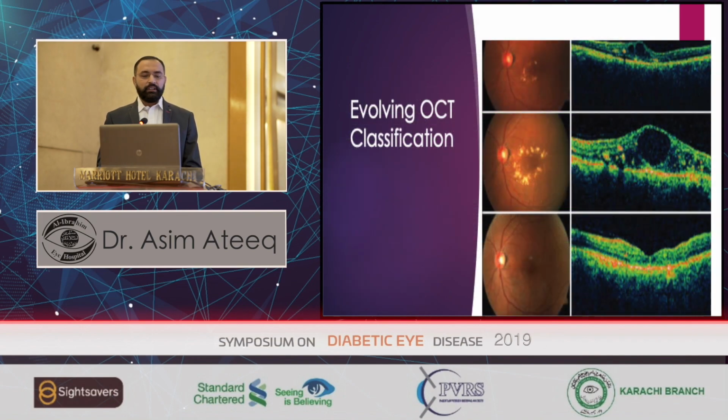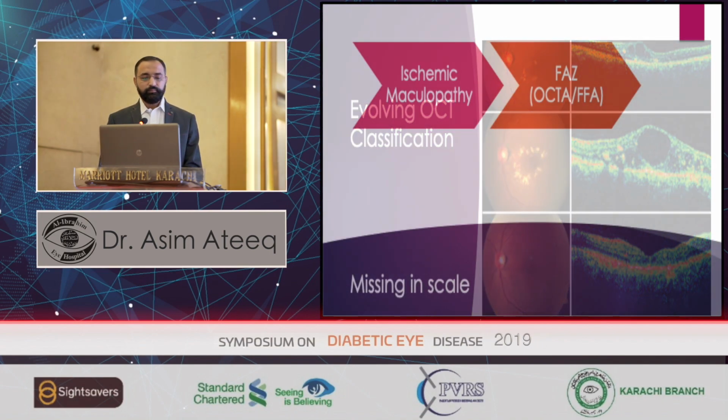So this is the evolving OCT classification. There is no consensus developed so far for the OCT-based classification as such. But I think this is the future of the classification for macular edema.